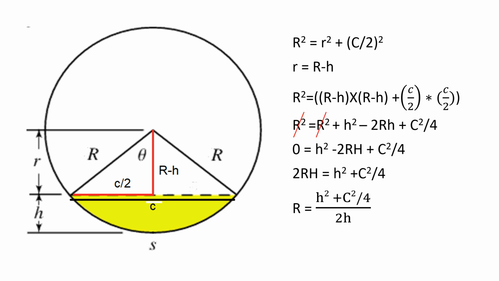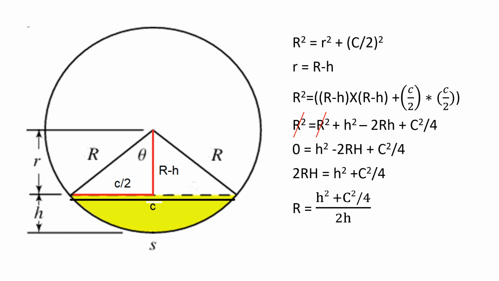We nullify square of R from both sides of the equation, and we get square of h minus 2Rh plus square of half the C is equal to 0, or 2Rh is equal to square of h plus square of half the C, or R is equal to square of h plus square of half the C, divided by 2h.